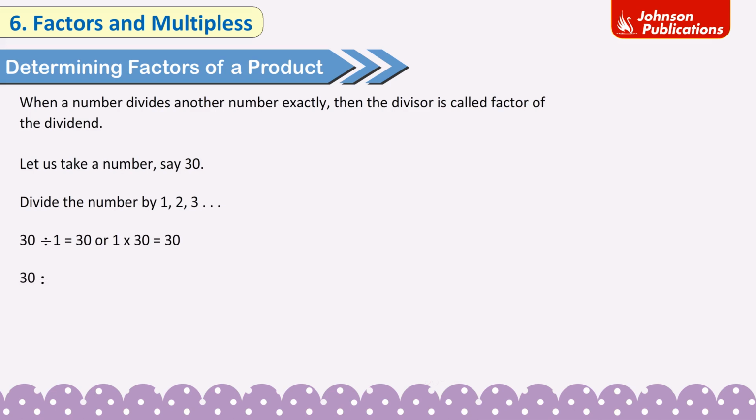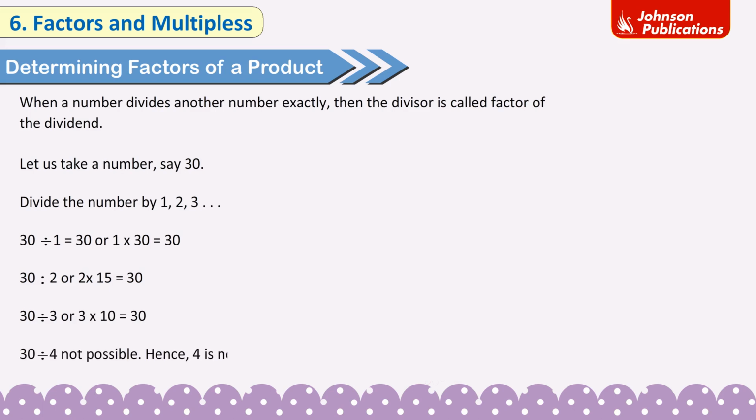30 divided by 2, or 2 multiplied by 15 is equal to 30. 30 divided by 3, or 3 multiplied by 10 is equal to 30. 30 divided by 4 is not possible.